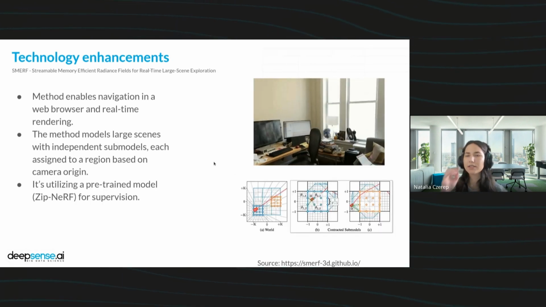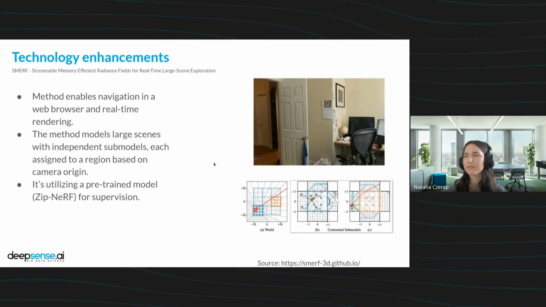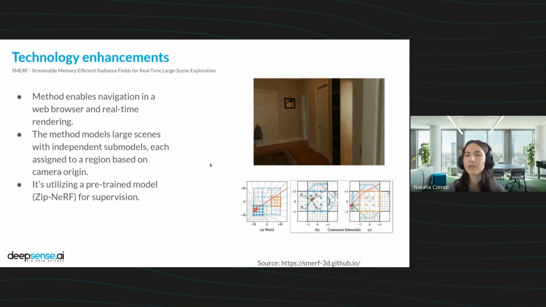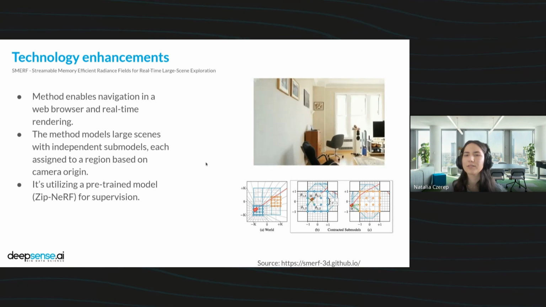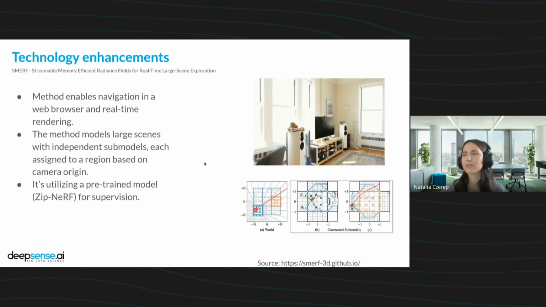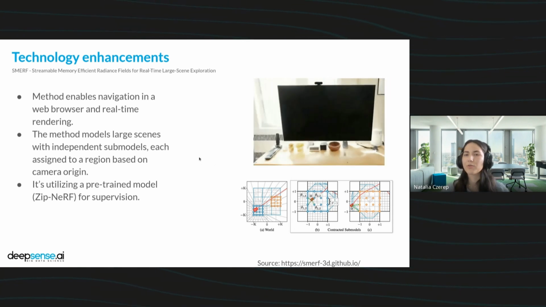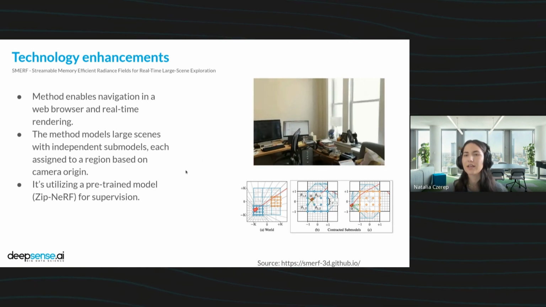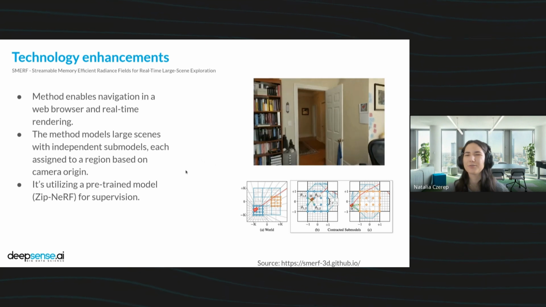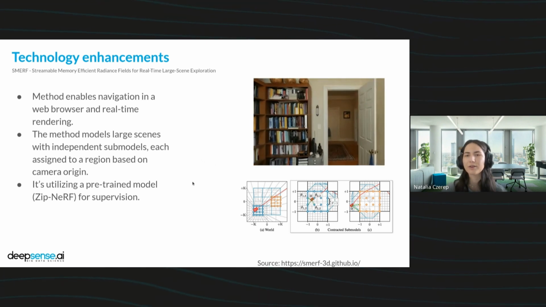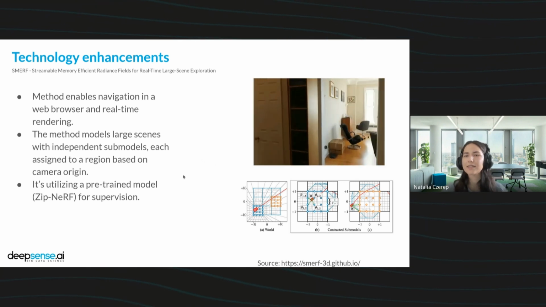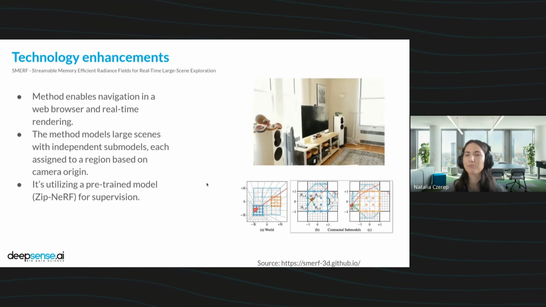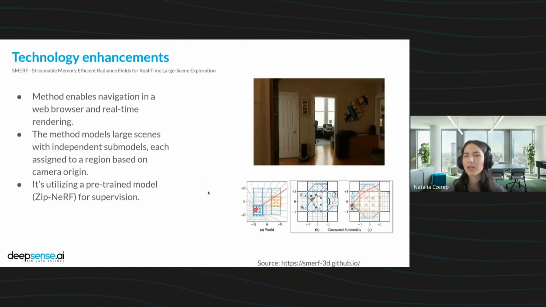As I mentioned, the community is very productive now around NeRFs, Gaussians, and 3D in general. So by the end of our research, we came across a method called SMERF, which models very large scenes in a sort of divide and conquer manner, dividing the scene into regions and training submodels, and then merging them.